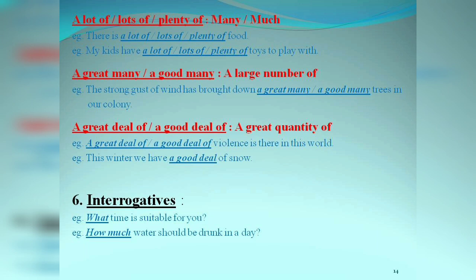The sentence says, there is a lot of, lots of, plenty of food. So you can use any of these three phrases before the word food, and here they mean a great quantity of. Next example says, my kids have a lot of, lots of, plenty of toys to play with.